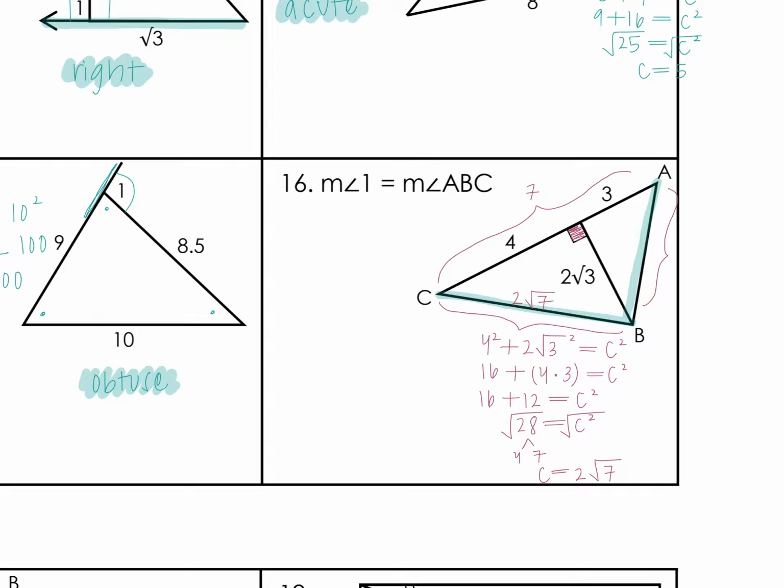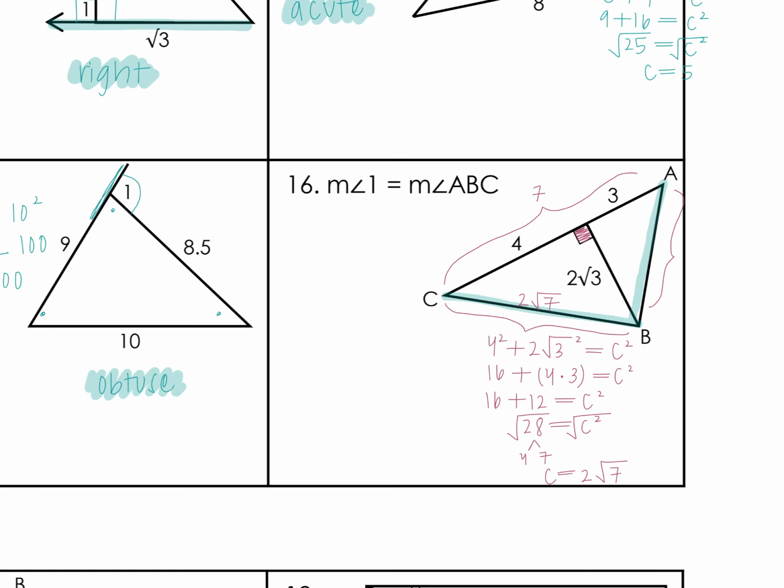Now we need to figure out the other side. So I'm going to do this in a different color. So we'll use that same 2 root 3 squared. Plus, this time we'll use our other side length as 3 squared. And we'll have that equal to my c squared.